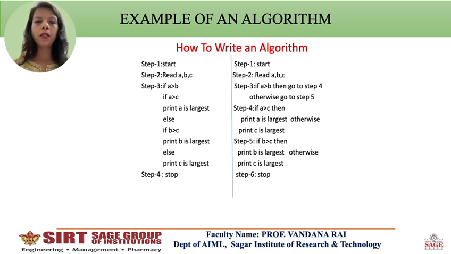First is start, then we take three inputs A, B, C. Then first we compare A and B. After that, if A is greater, then we compare A with C, and if again A is greater, then we print A is largest. Else we compare C with B, and if B is greater, then B is largest, otherwise we print C is the largest. Then step 4, we stop our algorithm.